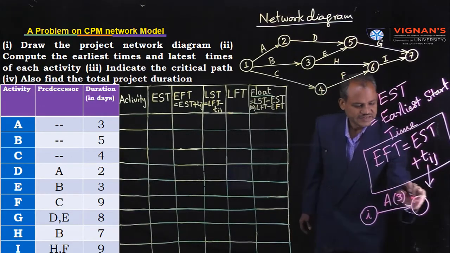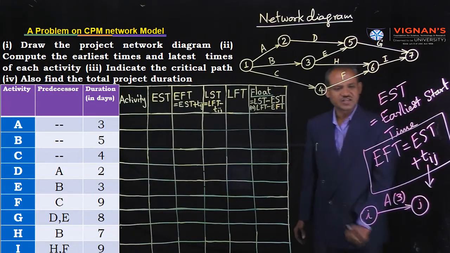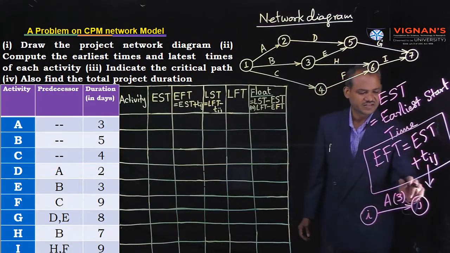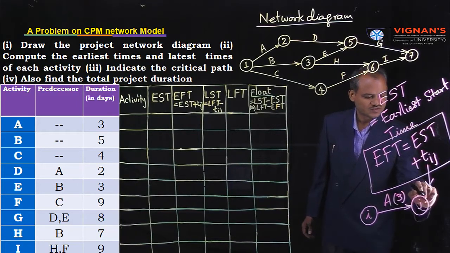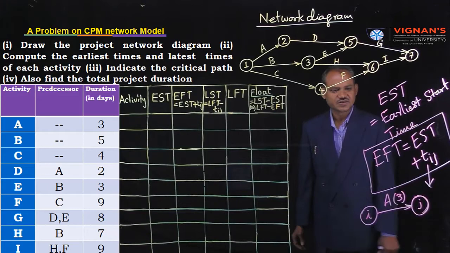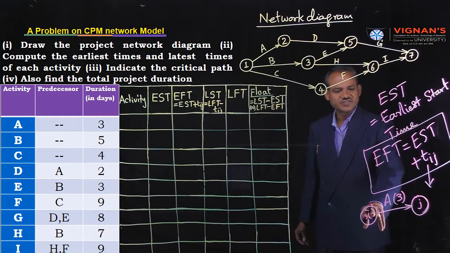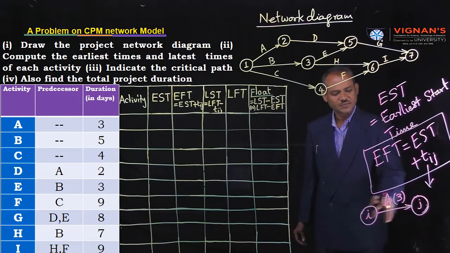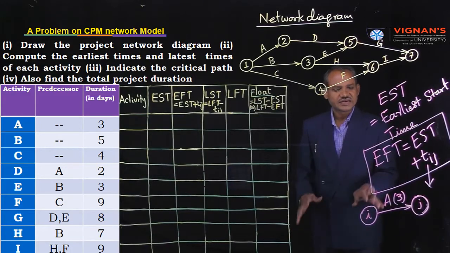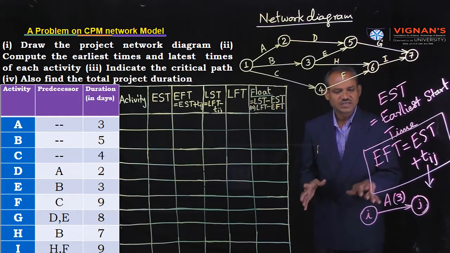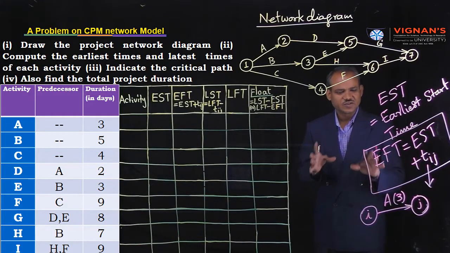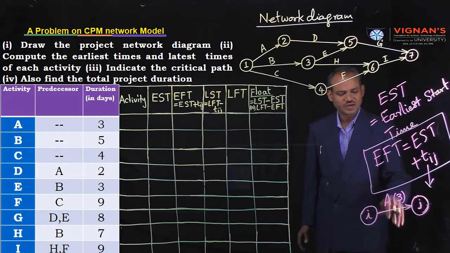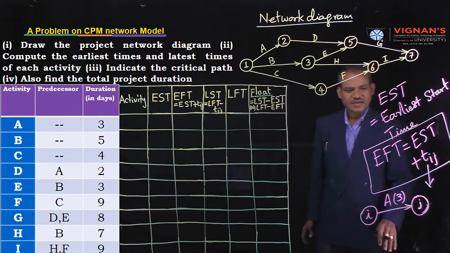Similarly, activity A ends at some other node, represented by circle J. The activity starts at the ith node and ends at the jth node. Sometimes a node is also known as an event. The starting node is the start of the activity, and this is the ending node or ending event. Okay, this is about activity A.